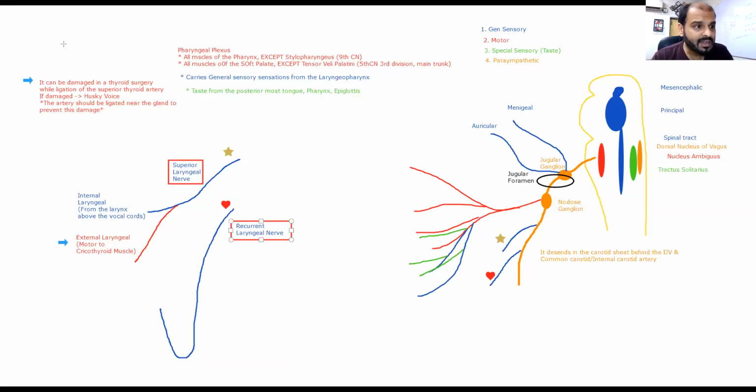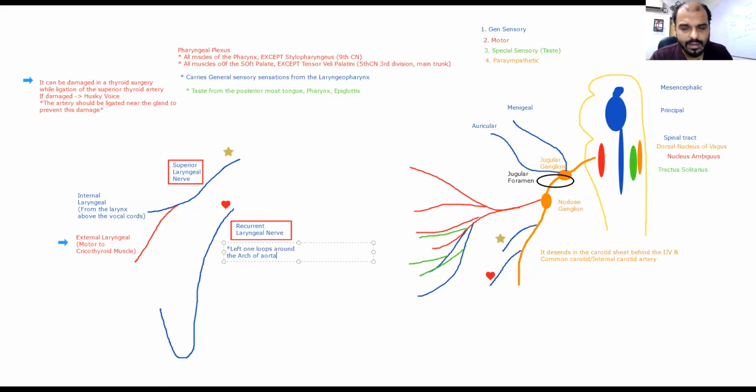The right-sided nerve, can anyone tell me where does the right-sided nerve loop back, from which point? Okay, the left one loops around, please tell, the arch of aorta, and the right one, anyone?